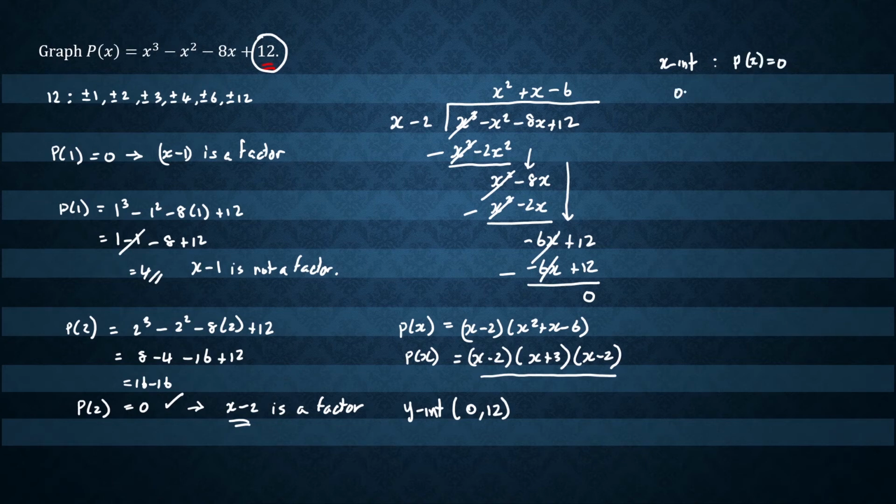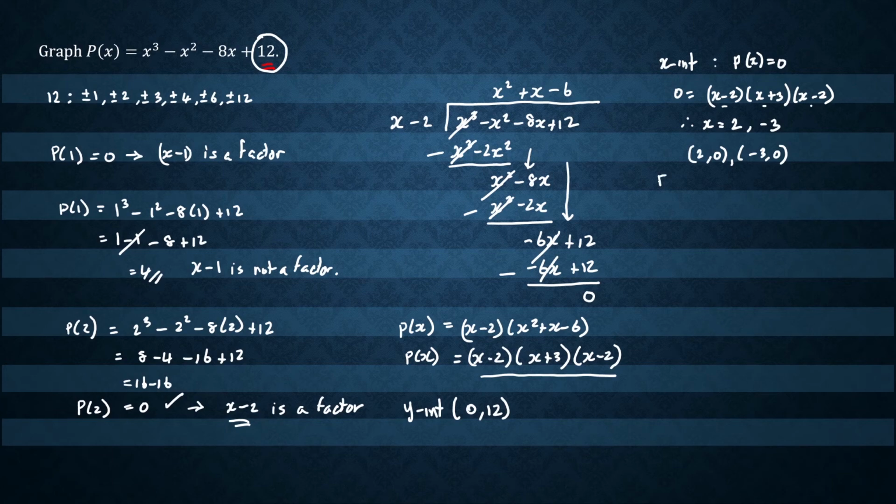So we'll have 0 equals x minus 2 times x plus 3 times x minus 2. Therefore, x will be equal to 2 from these two linear factors, and x equals negative 3 from this factor here. So your x-intercepts will be (2, 0) and (negative 3, 0).